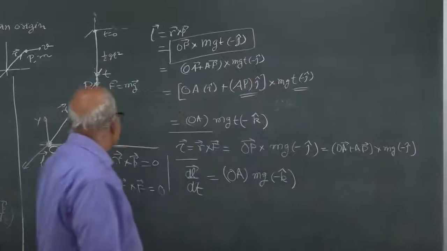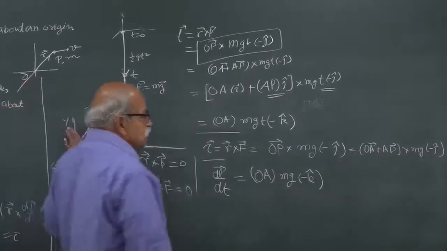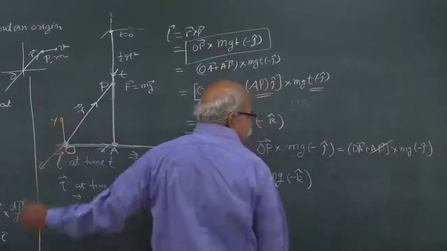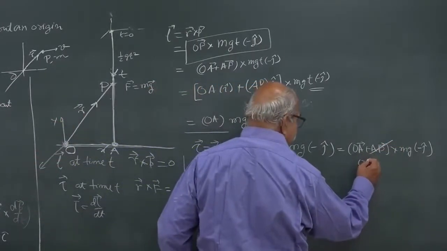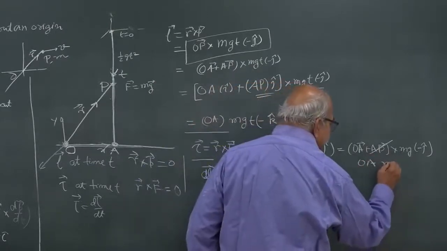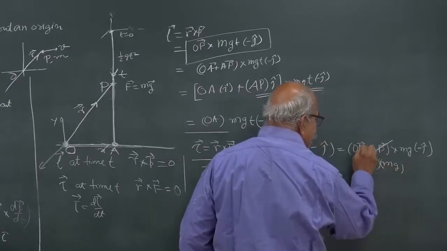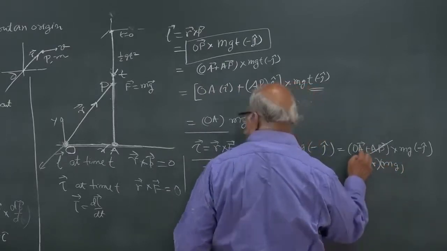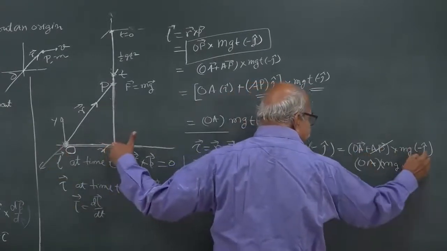And once again AP is parallel to this y axis. So, this part will go away and what you will have is this OA and then mg here, and this OA is in x direction. So, x i cap cross j cap is k cap.